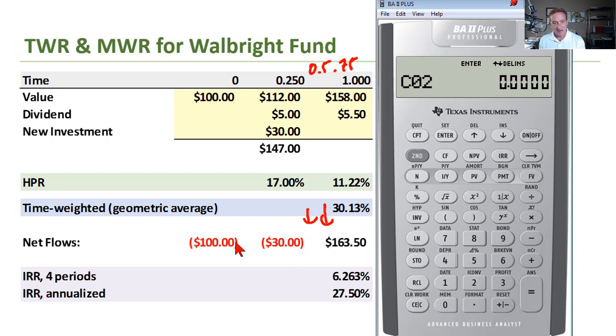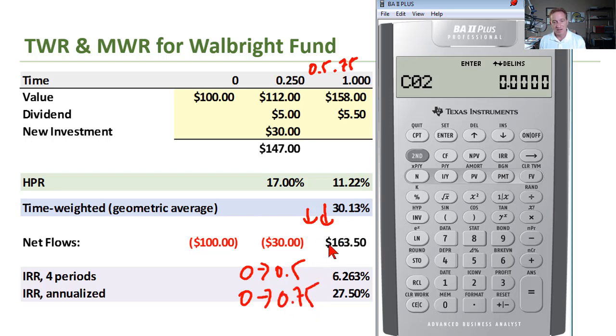The fact that we had a 30 million outflow at 0.25, so we need to make sure we get in a 0 cash flow at the half year point, at the 6-month interval, and a 0 cash flow at the 9-month interval.